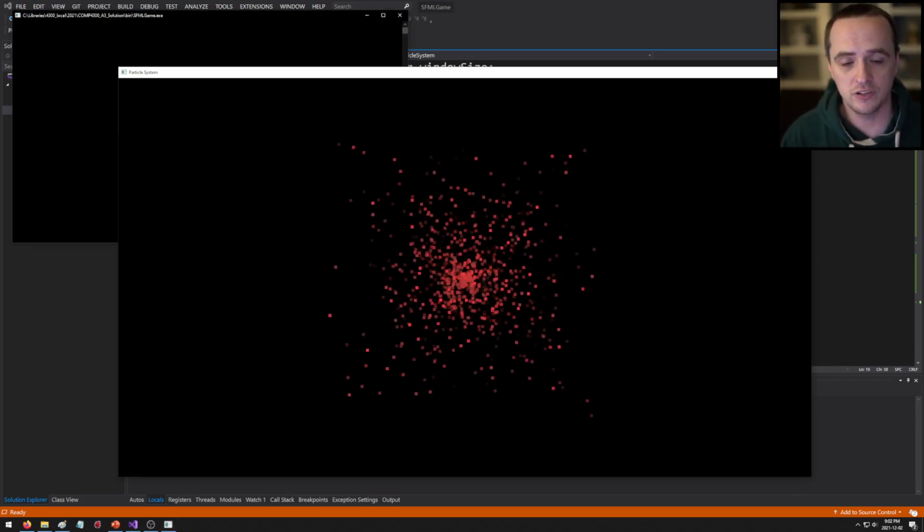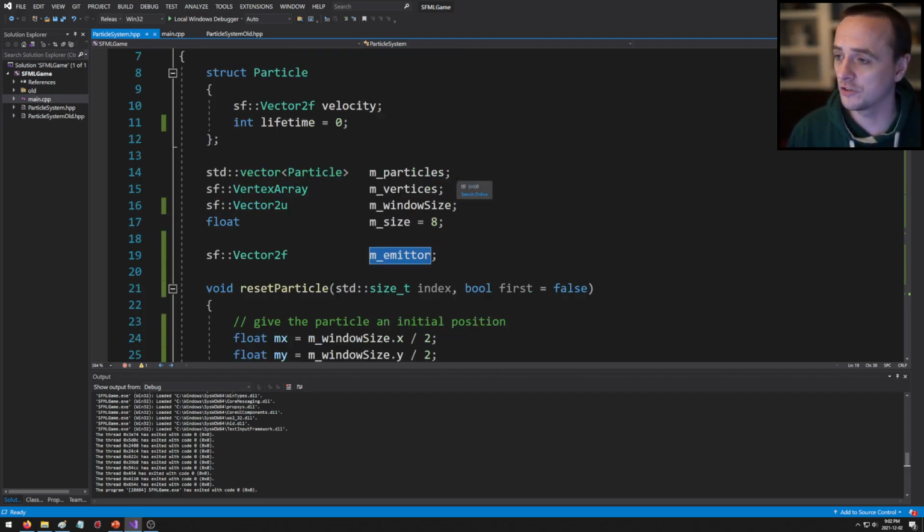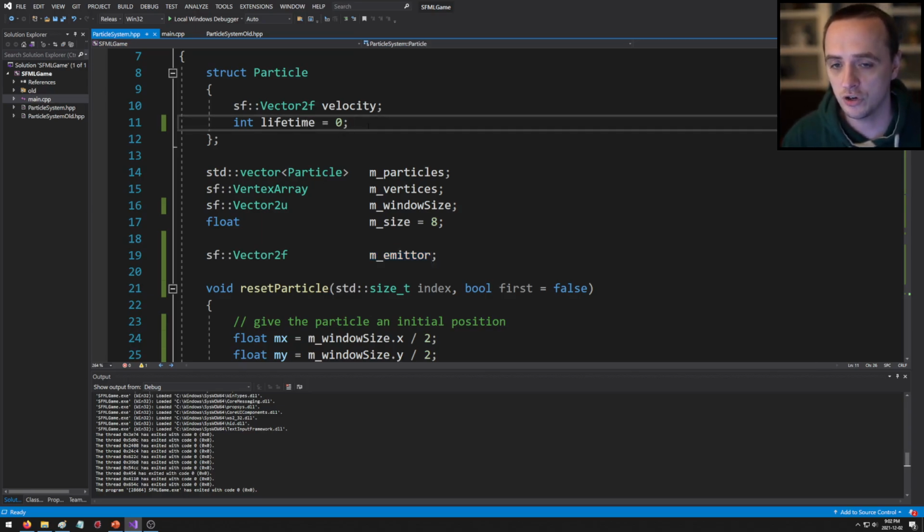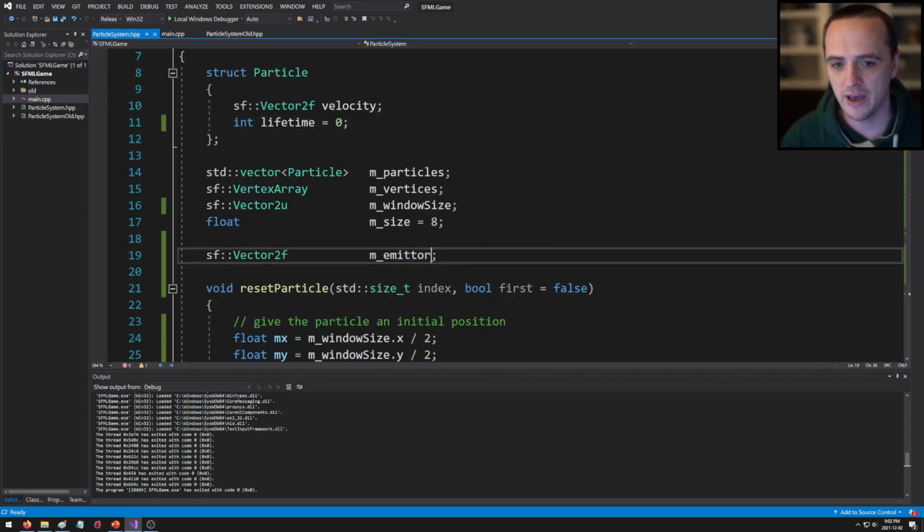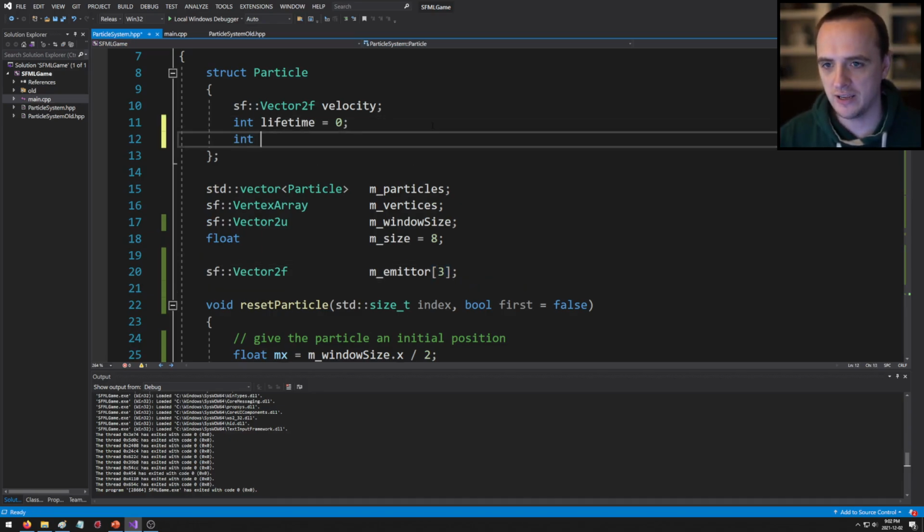If you, for example, wanted to have particles coming from different places at the same time, what you could do is maybe you have an array of different emitters, right? And then up here, you could say int emit index equals 0, for example.